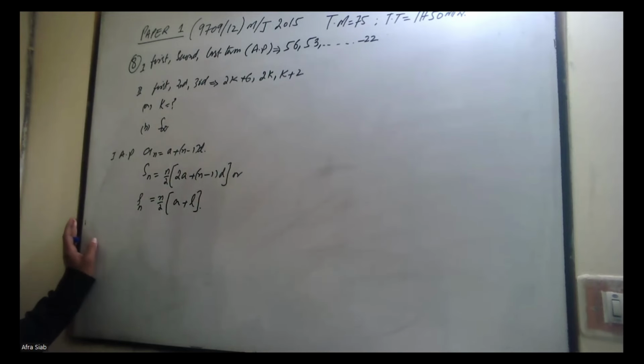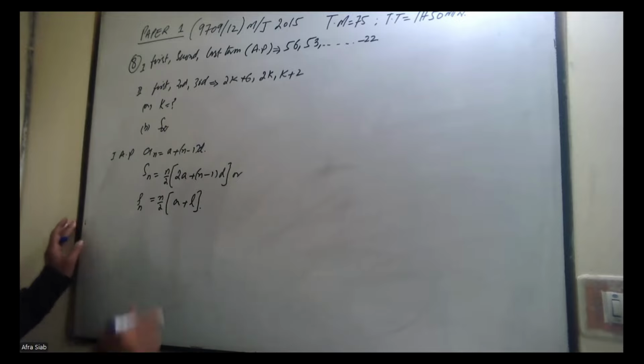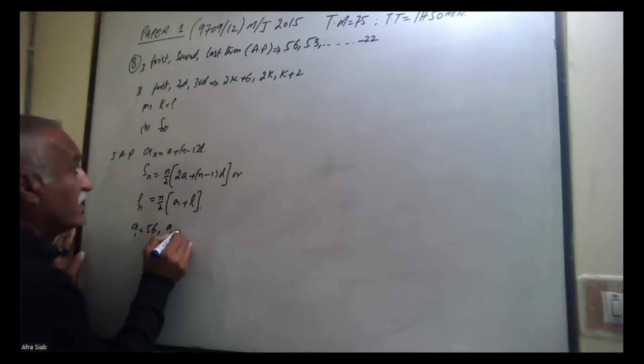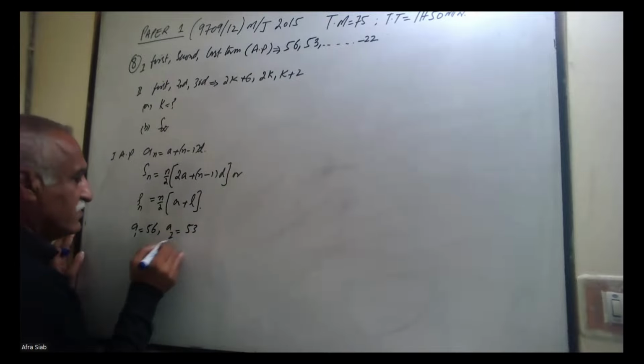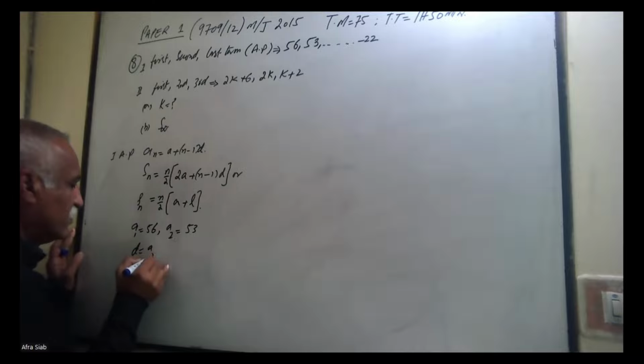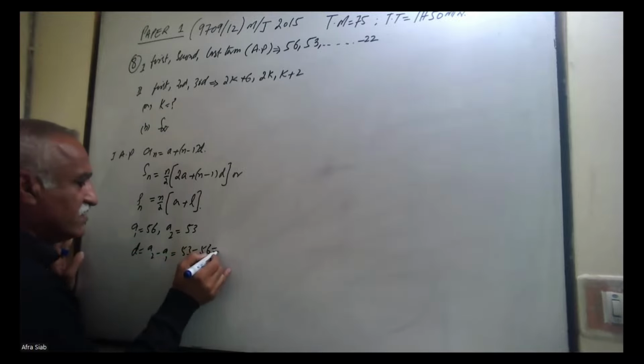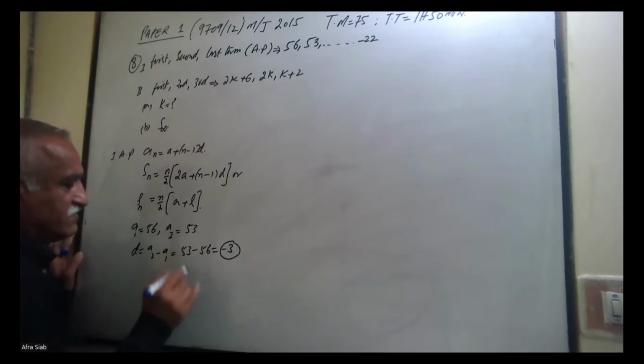But here they are saying the first term is 56. So a1 is equal to 56, a2 is equal to 53. And the difference d is equal to a2 minus a1, so 53 minus 56, that is equal to minus 3.